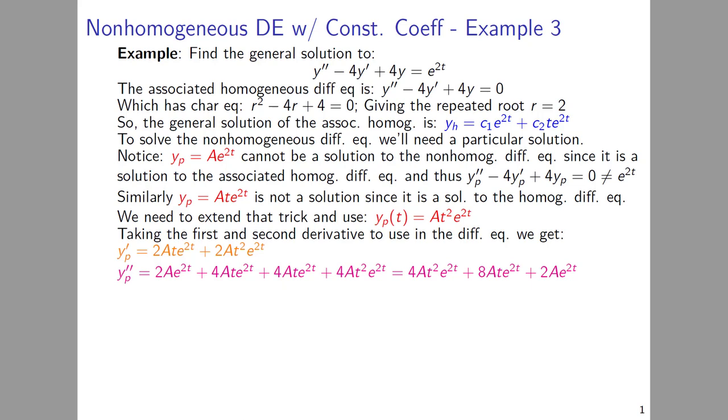And this can be simplified as 4a t^2 e^(2t) + 8a t e^(2t) + 2a e^(2t).